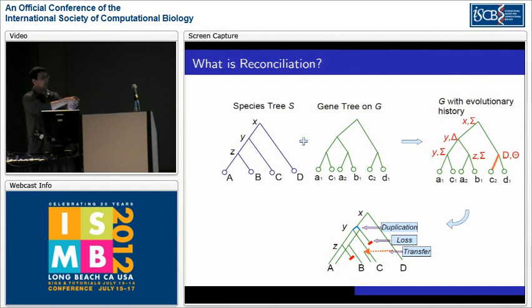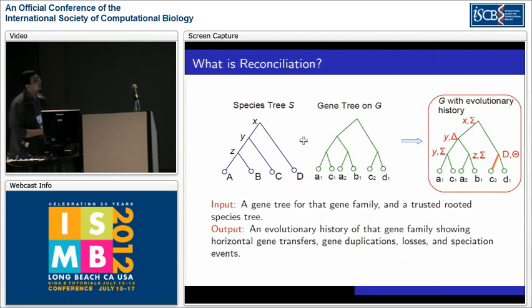So this one is a speciation, delta represents duplication, theta represents transfers. Right? So basically for each node you want the mapping and the event. And that's sufficient to infer this. So basically, the input is a gene tree and a species tree, and the output is exactly this reconciled tree.